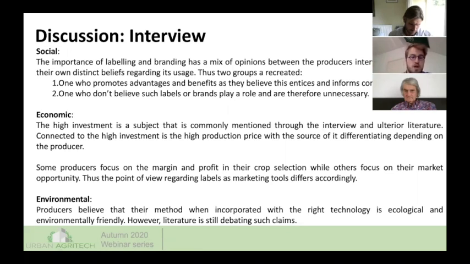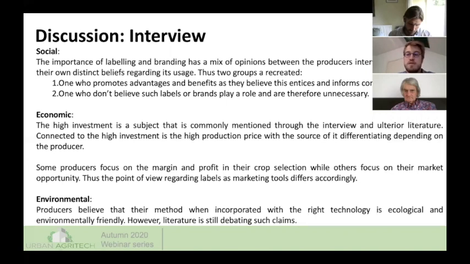On the environmental side of things, producers believe their technology is the future and, if done correctly, will bring great environmental advantages. However, this is for the moment an ongoing investigation, I would say, with current literature saying that some of the methods, if not done correctly, consume more energy and have a greater carbon footprint.